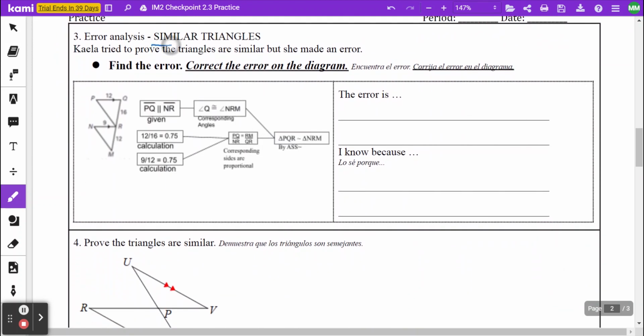Now I'm moving on to similar triangles. And we're going to try to find the error in this proof. Okay, let's see. So they're trying to use ASS similarity. ASS does not work for congruence.